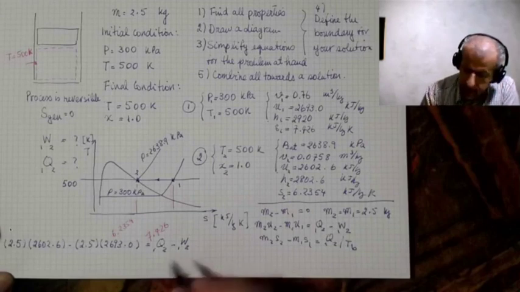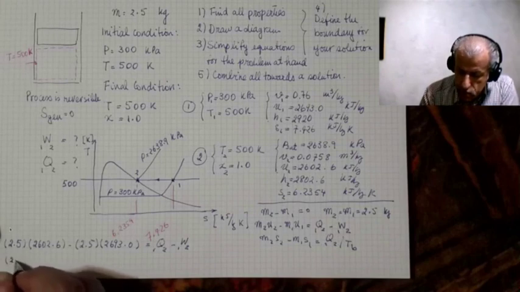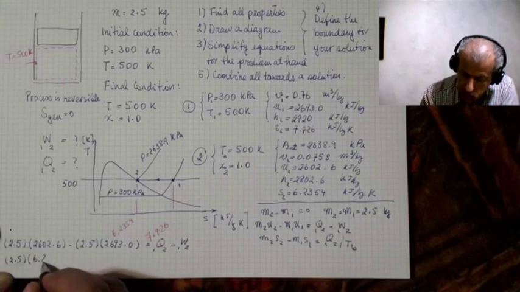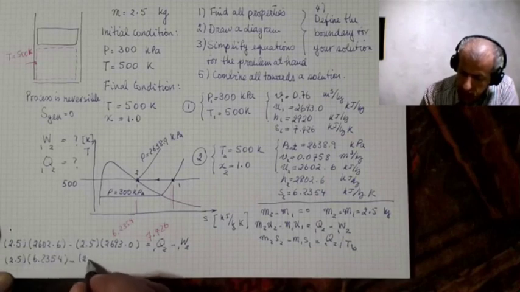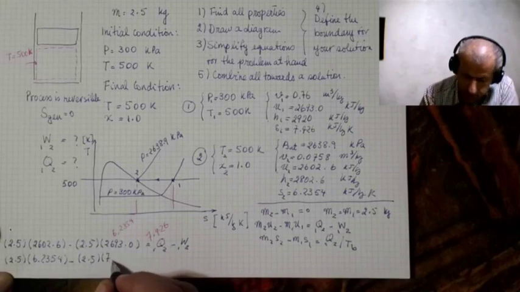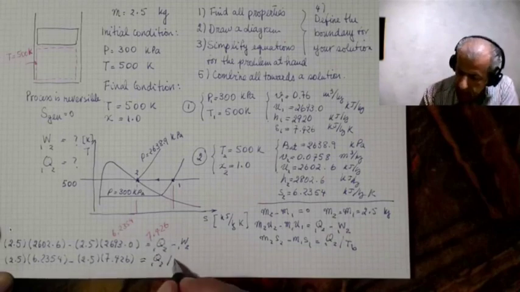Now, the second law may be written in a similar manner. 2.5 times 6.2354 minus 2.5 times 7.426 equals Q12 divided by 500.